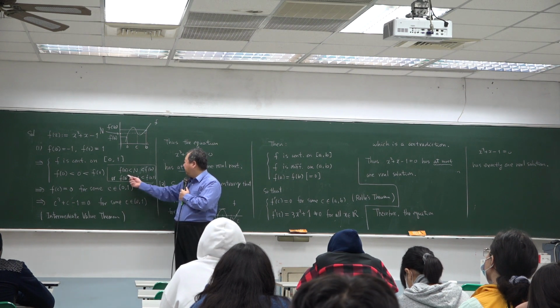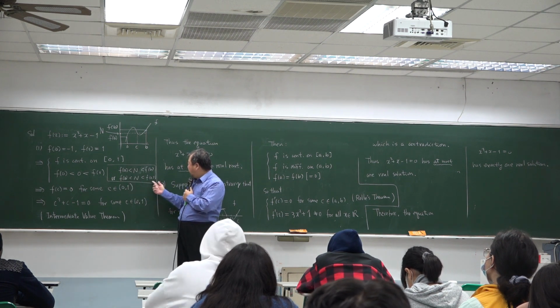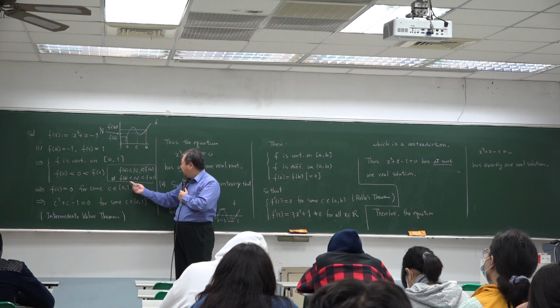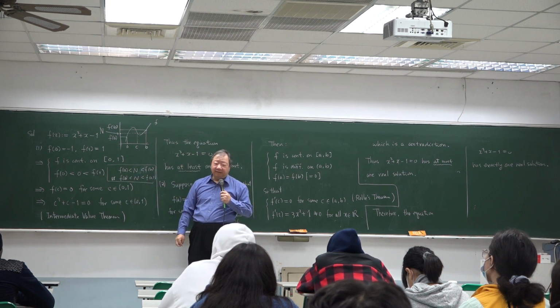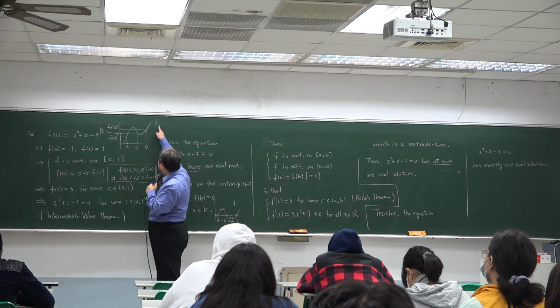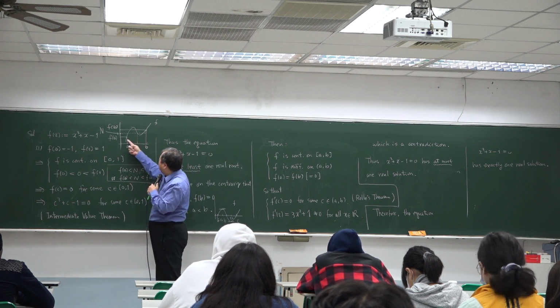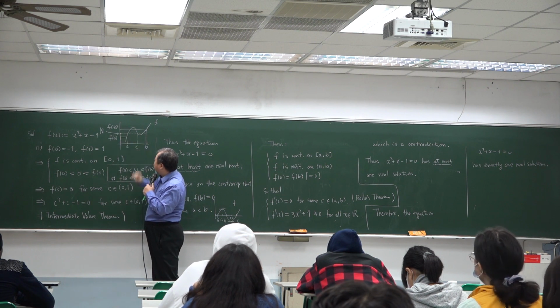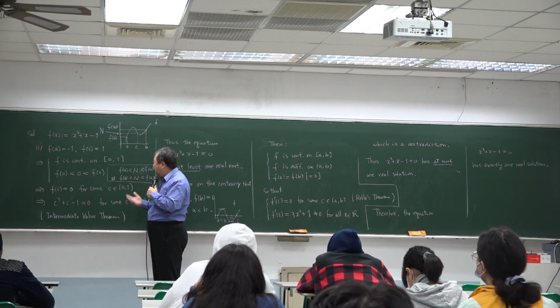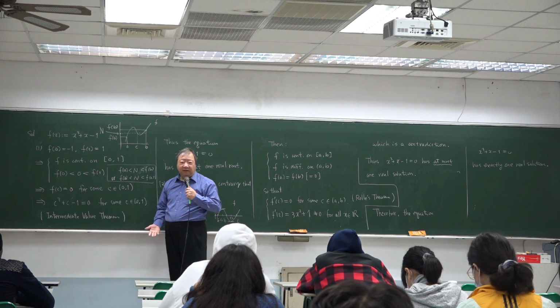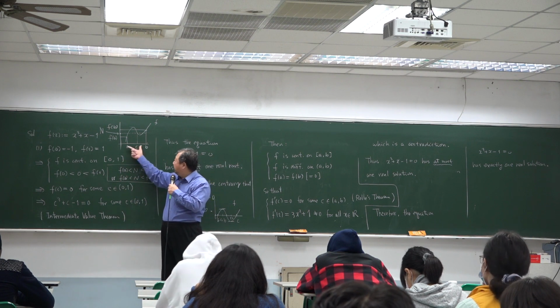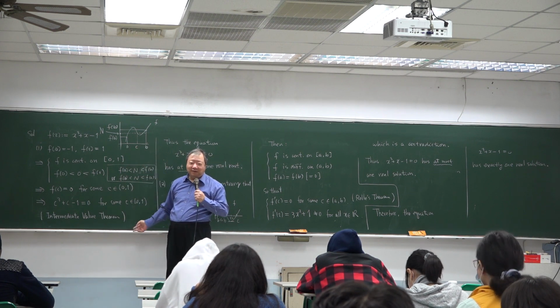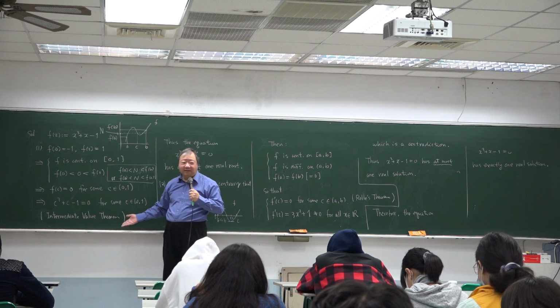Then if f of a is greater than f of b, then n between f of a and f of b means this relation. Okay. If f is continuous on this closed interval and n is an intermediate value of these two values, then n must be a value of this function at some number between a and b. This is what the intermediate value theorem says.